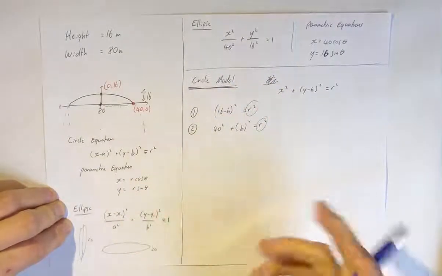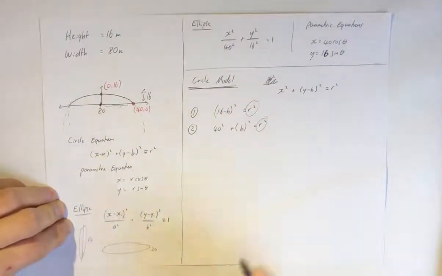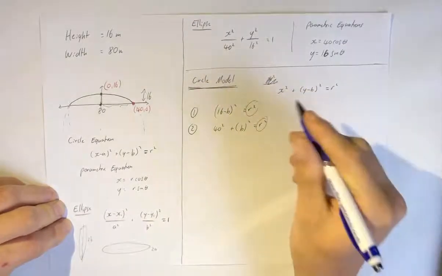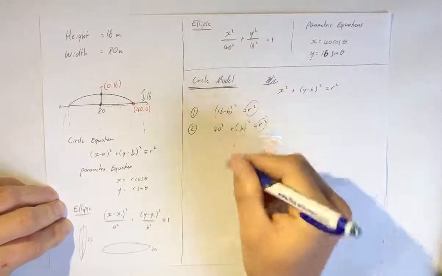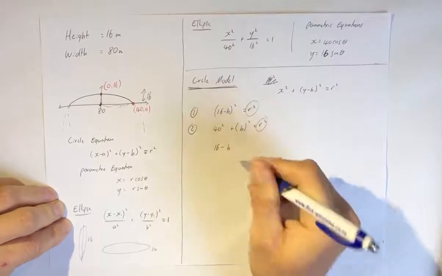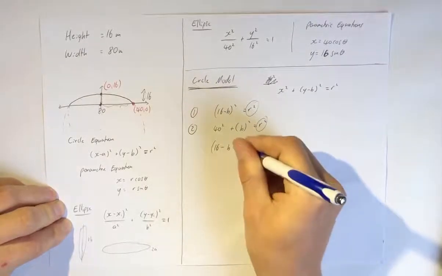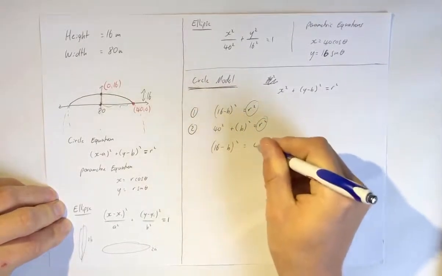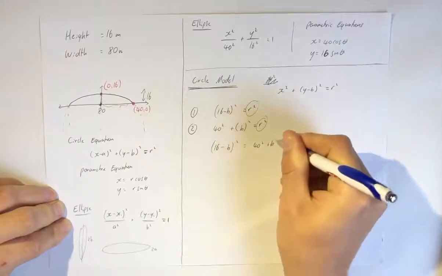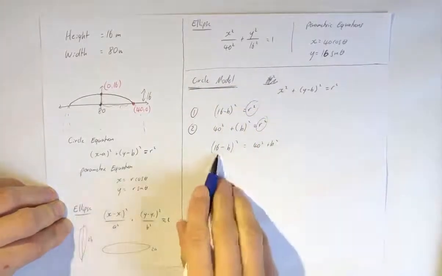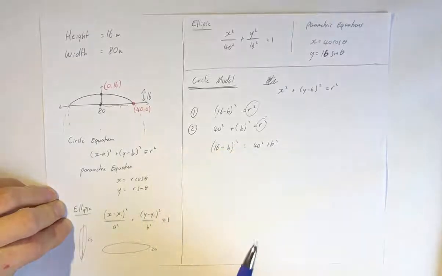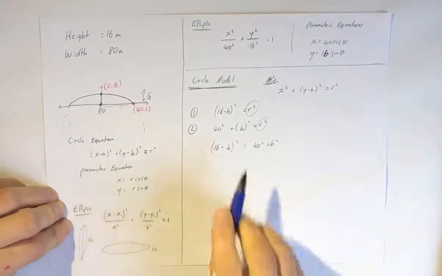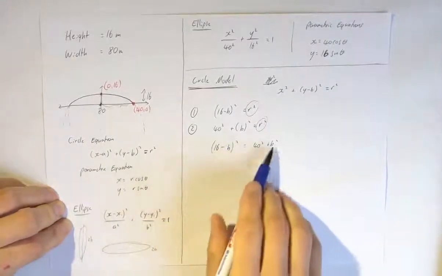I can equate the two simultaneous equations, because they're both equal to r squared. So if I make each side equal, 16 minus b all squared equals 40 squared plus b squared. You can see that now I'm just solving for one value, one variable, one constant b.